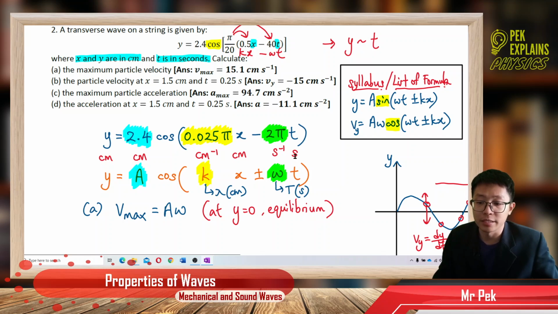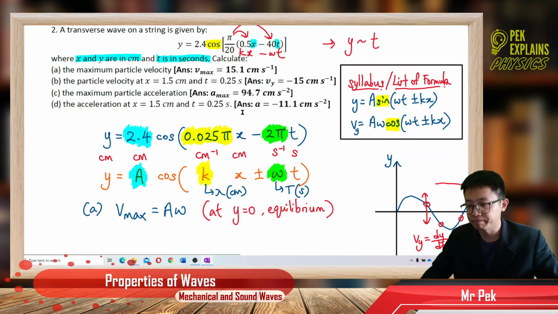Imagine if the time is millisecond, then my omega is per millisecond, so my period must be in millisecond. So the unit is the most important. Be careful with the unit.